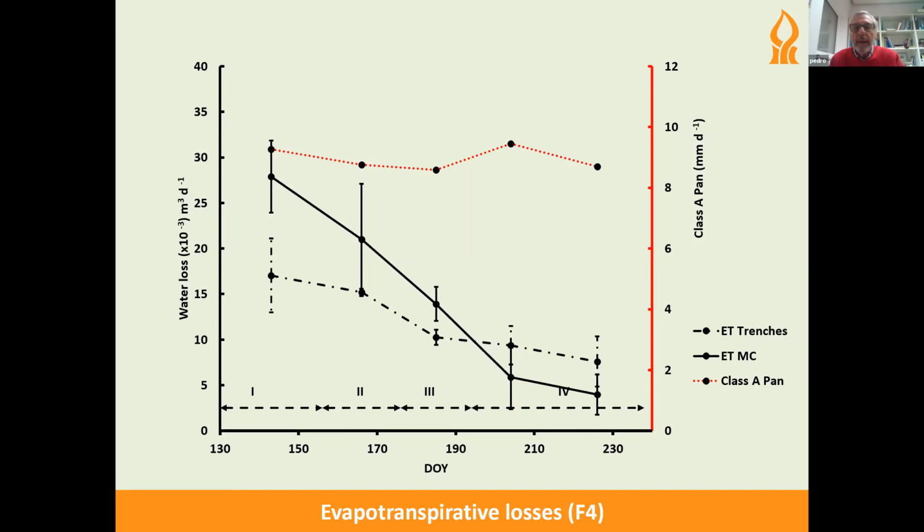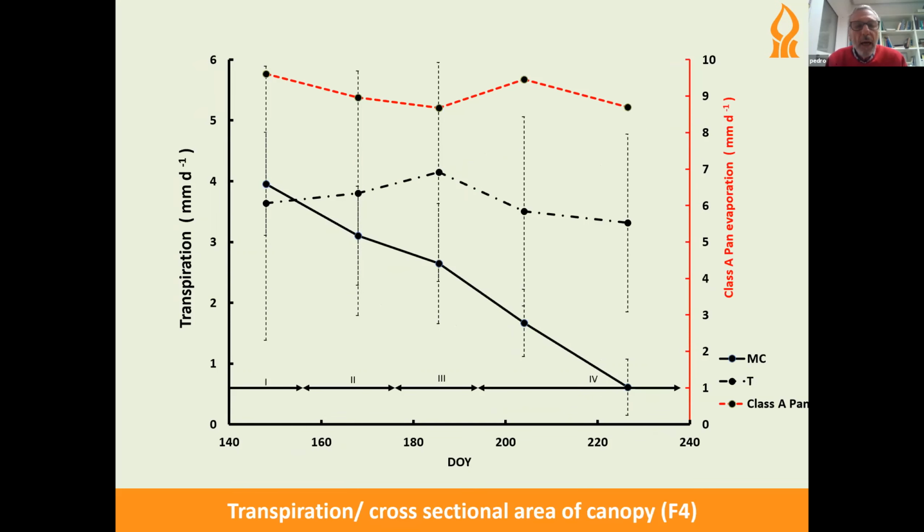When we look at the transpiration again, we see that we've got large standard deviations, and this is probably due to a problem related to how we estimate the cross-sectional area of the trunk, because we measure the perimeter of the trunk, but this does not mean that always the density of leaves is similar.